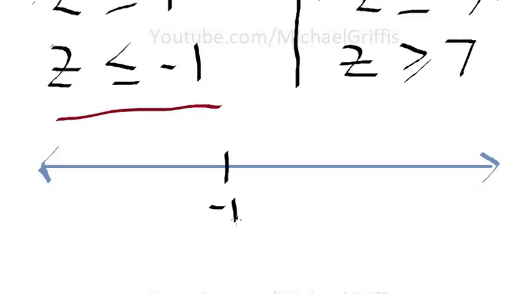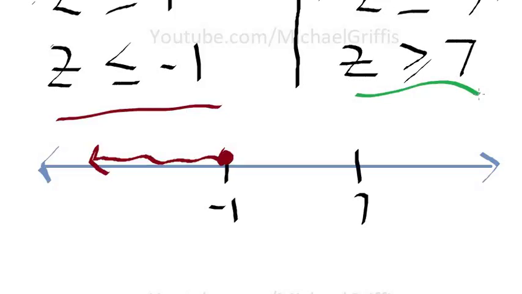And then z is greater than or equal to 7, so we'll arbitrarily pick a point here. For z less than or equal to -1, we put a closed circle because we include -1 and everything to the left of -1. Let's make this one green. Z is greater than or equal to 7, so we include 7 and everything greater.